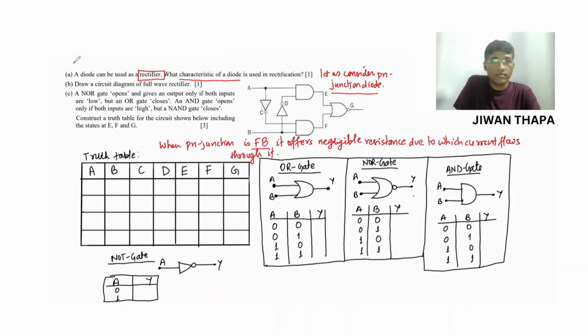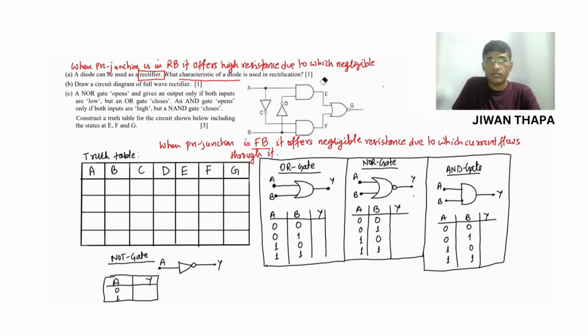Now, when the PN junction is in reverse bias, it offers high resistance, due to which negligible current flows through it.